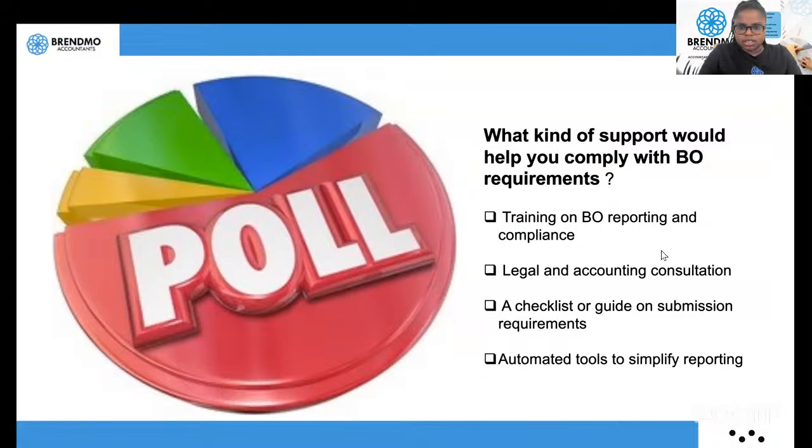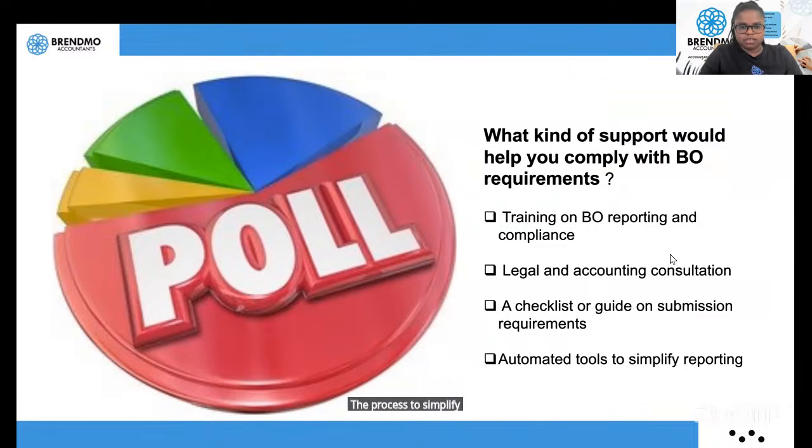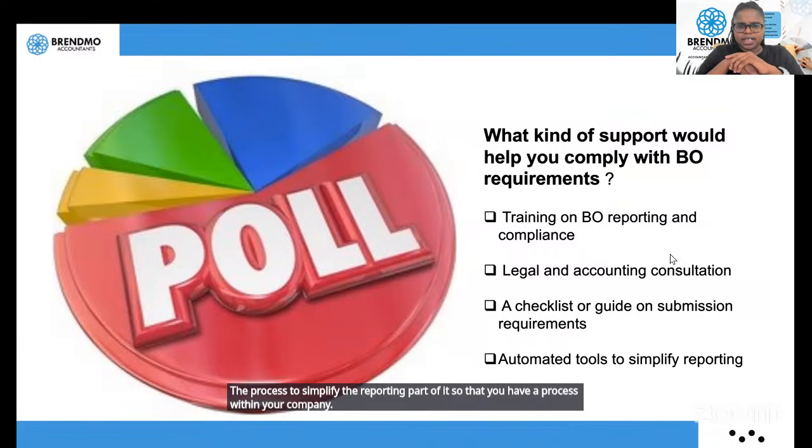If any, you can just participate and engage. Do you want training on BO reporting compliance? Do you want legal and accounting consultation around this, or a checklist or guide on submission requirements, or to simplify the reporting process so that you have a process within your company?